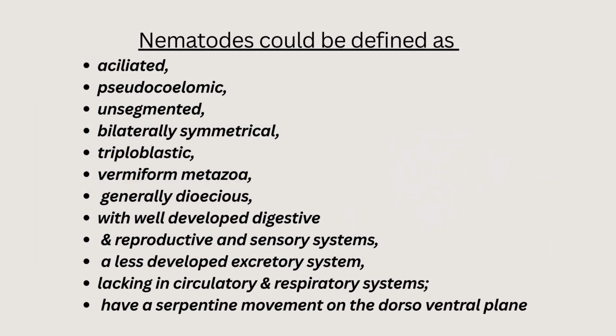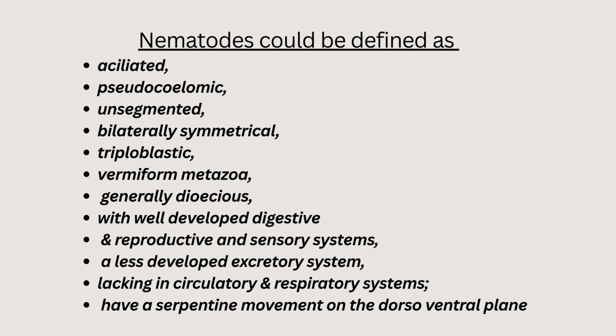And coming to other characters such as acilliated. They do not have cilia, meaning hair-like structures. And pseudocoelomic, they have a pseudocoelom instead of a true coelom. Unsegmented, we covered. Bilaterally symmetrical, triploblastic. Triploblastic means they generally have three germ layers during the formation of an embryo, that is ectoderm, endoderm, mesoderm. Vermiform metazoa: metazoa means multicellular animal, and vermiform means worm-like.